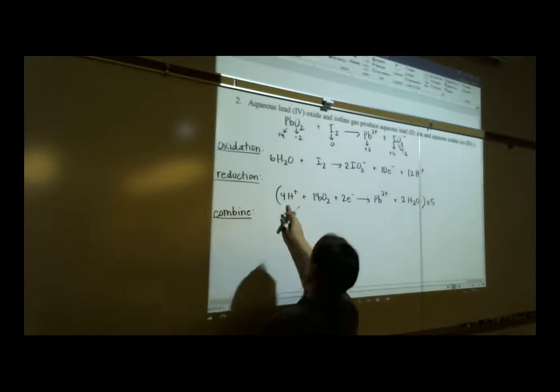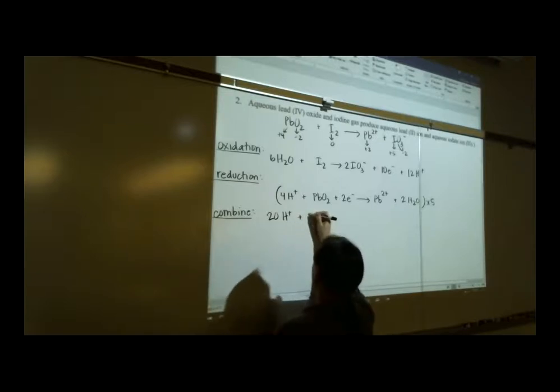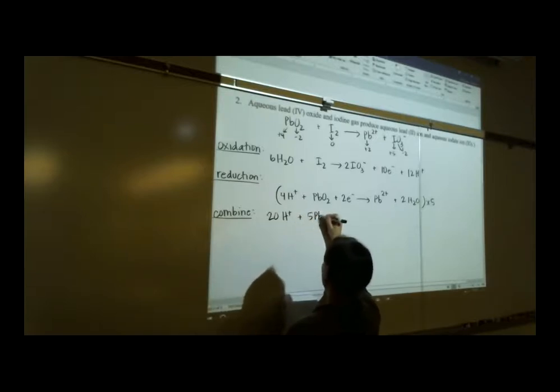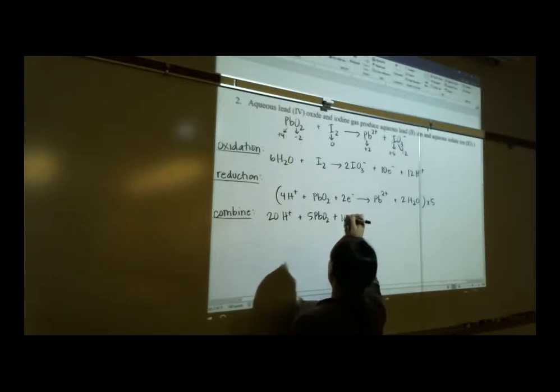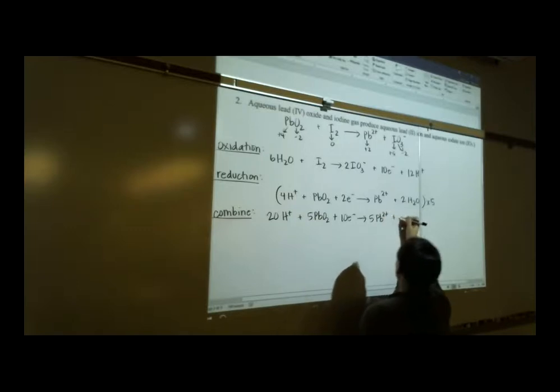Let's go ahead and multiply this one through by 5. So 5 times 4 gives me 20 H+. 5 PbO2 plus 10 e- gives me 5 Pb2+ plus 10 H2O.